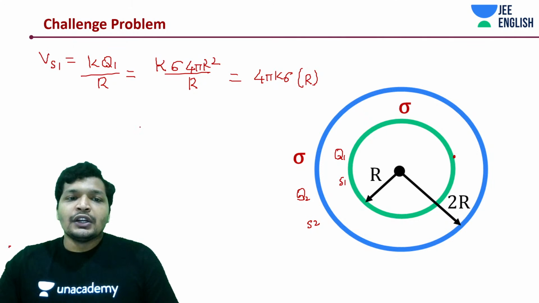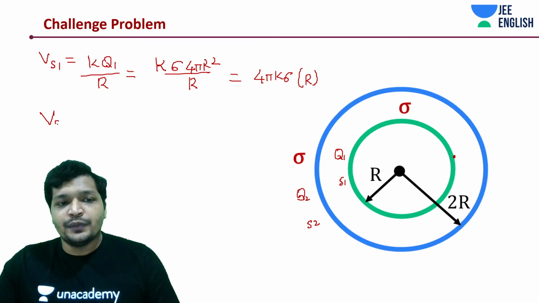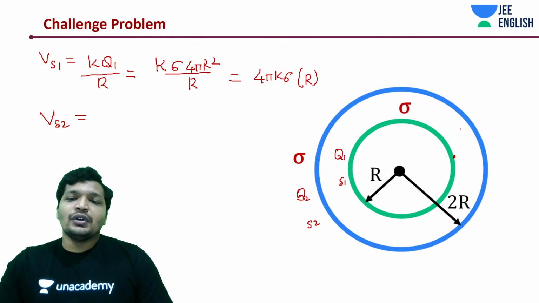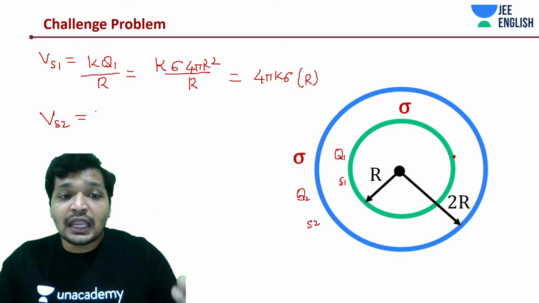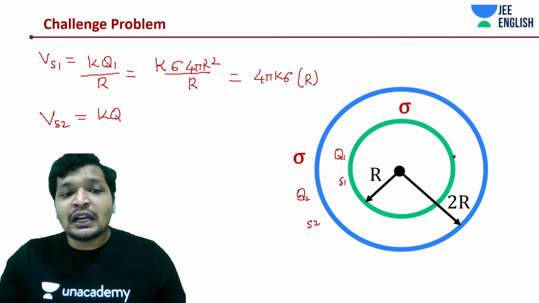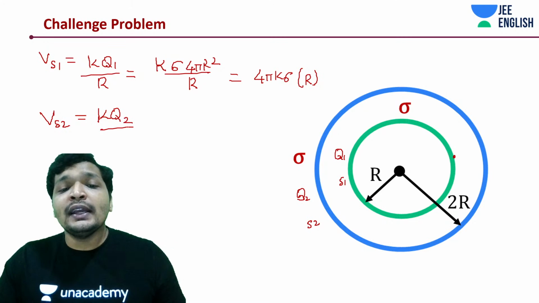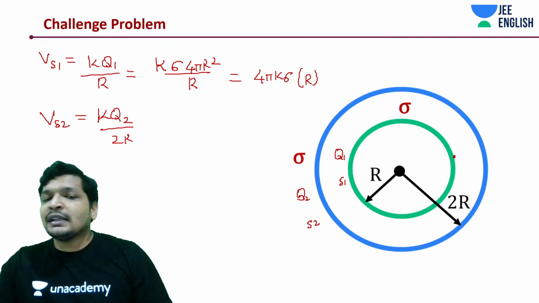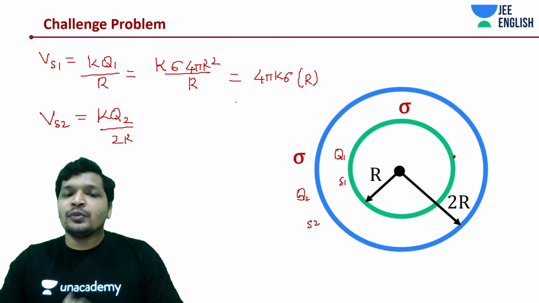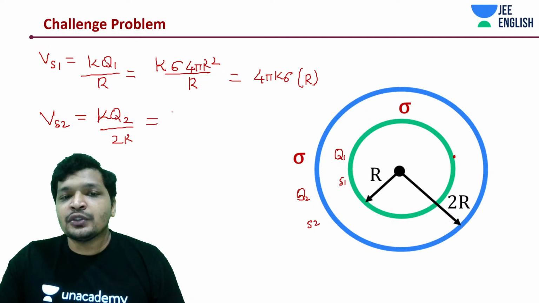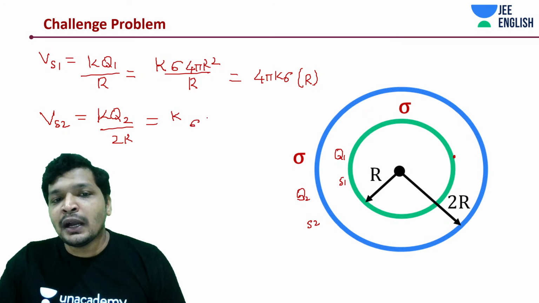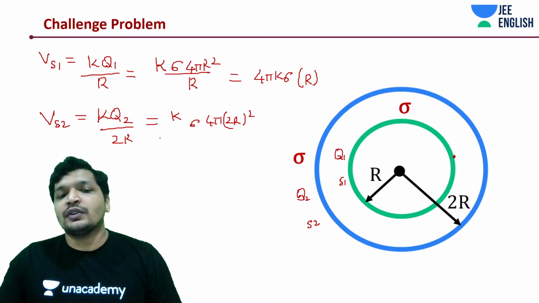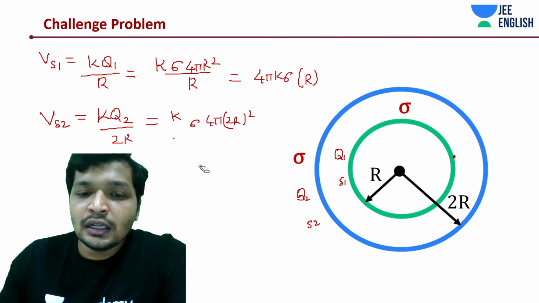Next, due to surface S2, surface potential again. Just like how we did in the earlier case, it would be KQ2 by 2R now. At some point inside, it's the same as at the surface, right? It's going to be KQ2 by 2R. And how much is this going to be? K into sigma into, notice the thing carefully, it's 2R square, not R square, but rather 2R square.